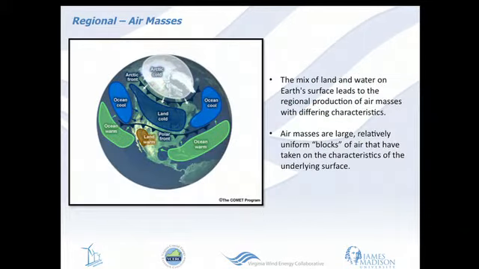Next are the regional scale winds, which basically represent air masses that take on the characteristics of the land or the sea that they are above.